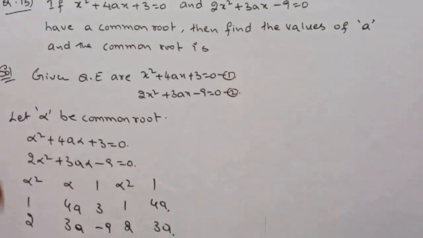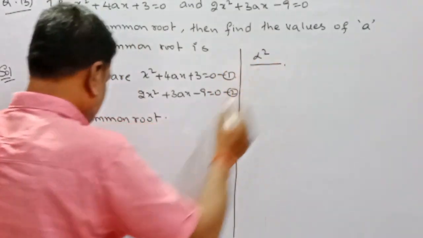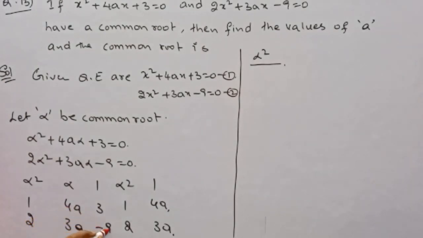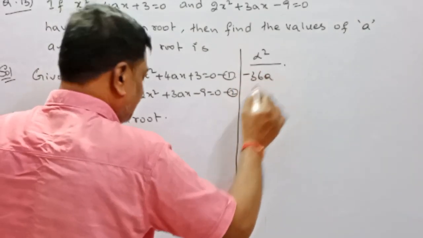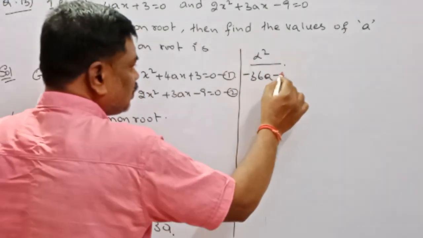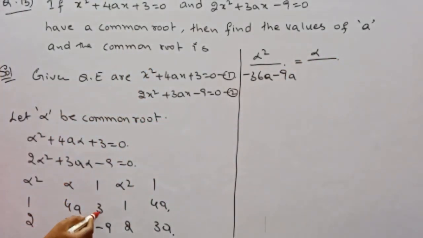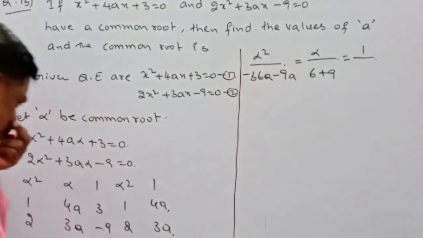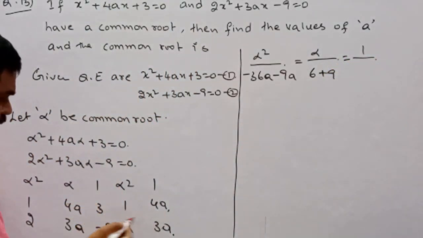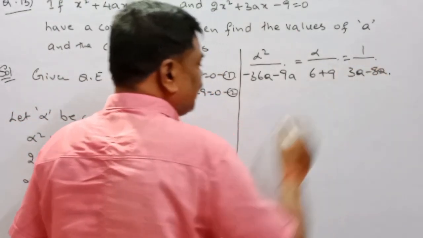Then what we will have: alpha square by (4a into minus 9, minus 3 into 3a) equals alpha by (3 into 2, minus 1 into minus 9) equals 1 by (3a minus 8a).